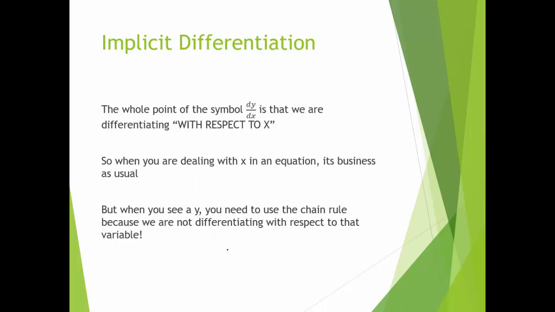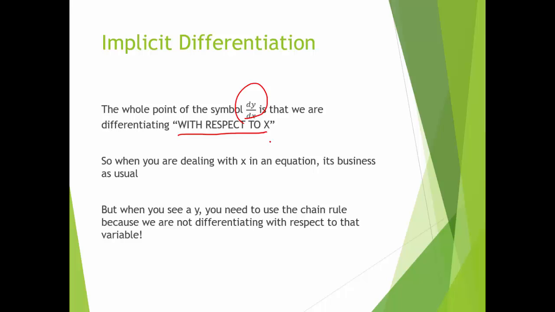So the whole point of that symbol we've looked at before this year, that dy over dx symbol, the way we read that, remember, is the derivative of y with respect to x. It's basically saying that x is the variable I'm differentiating. I can still do that in an equation that is not in y equals form.